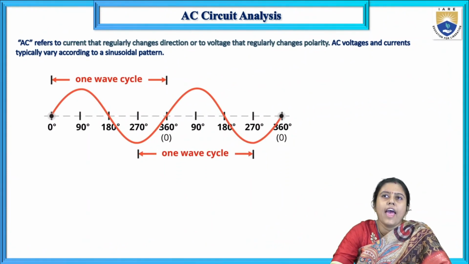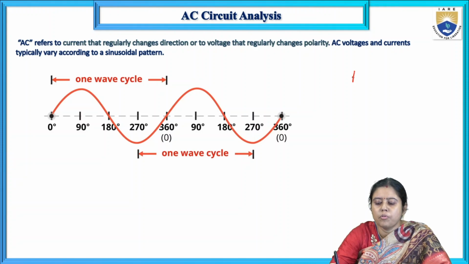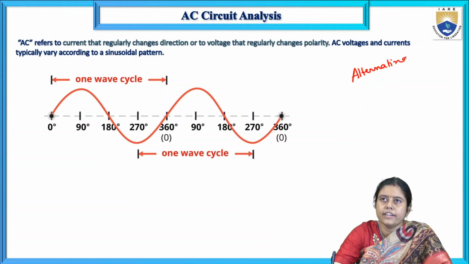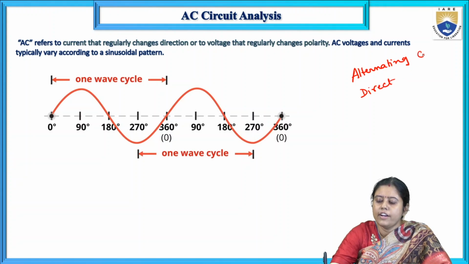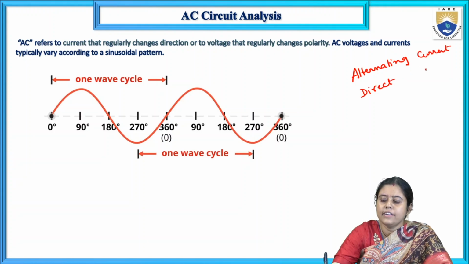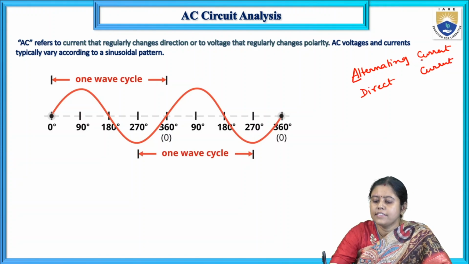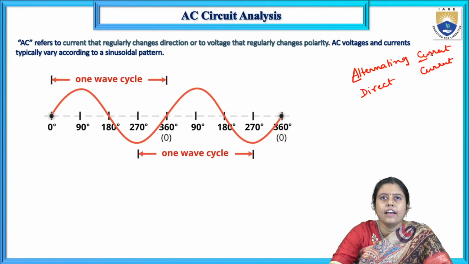What is AC? As we discussed yesterday, circuits are basically of two types: alternating current and direct current. AC, A and C, alternating current.